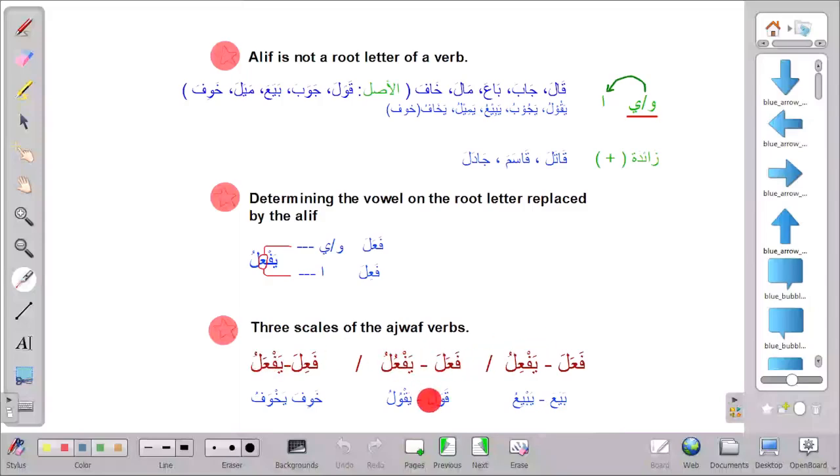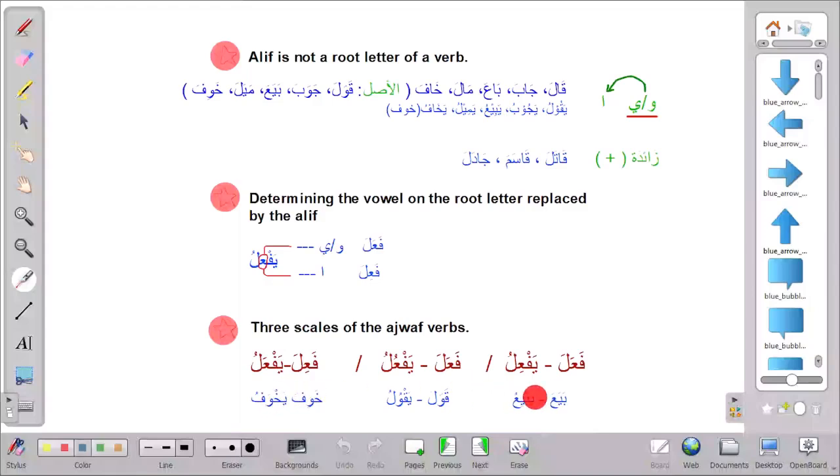Fa'ala yaf'ulu, example is kawala yakulu. So that's actually how the mudari is. But we'll look at that conjugation also, how it changes into yakulu. Then let's look at fa'ila yaf'alu. That's the other pattern in which it can come. Example is khawifa yakhafu.